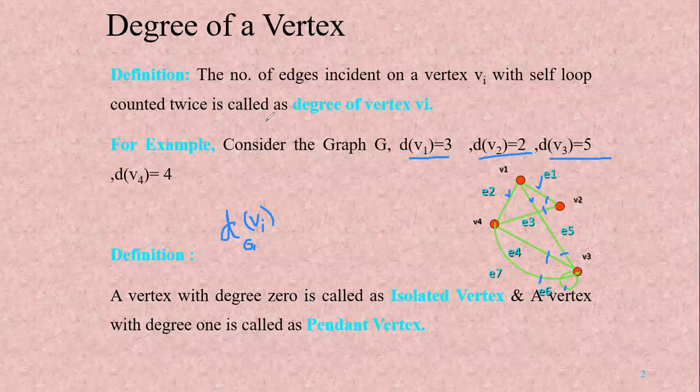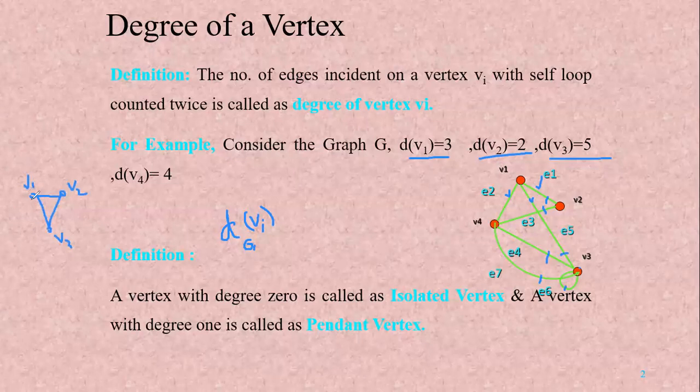Here I draw one graph, and viewers, you can calculate the degree of the vertices. Here is V1, this is V2, this is V3. What's the degree of vertex V1? 2 edges are incident with the vertex V1.